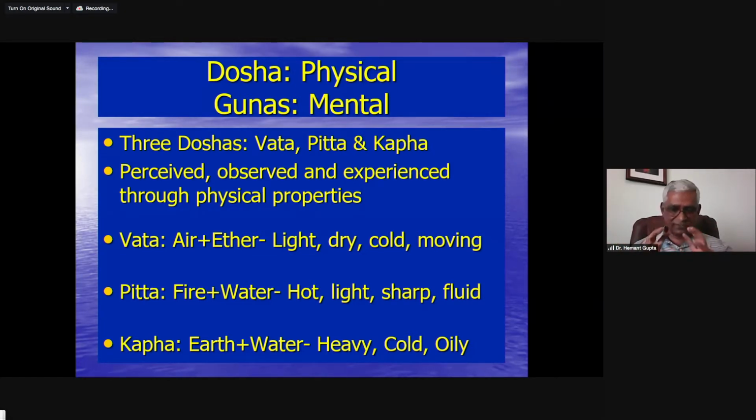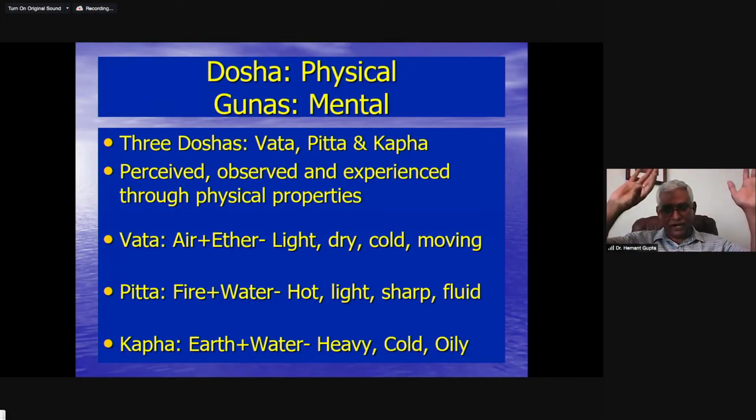Guna is just a word for properties, and anything can have properties. Mind can have properties. Self can have properties. So that's why we don't mix up between these. So the dosha that I am covering today is the three doshas of Vata, Pitta, Kapha, which means physical doshas, as in what this body looks like, what this body feels physically, not happiness or sadness.